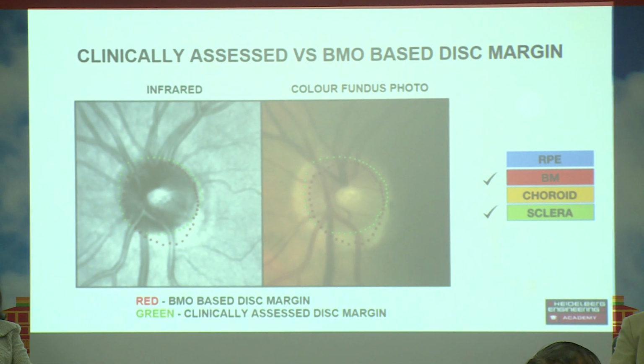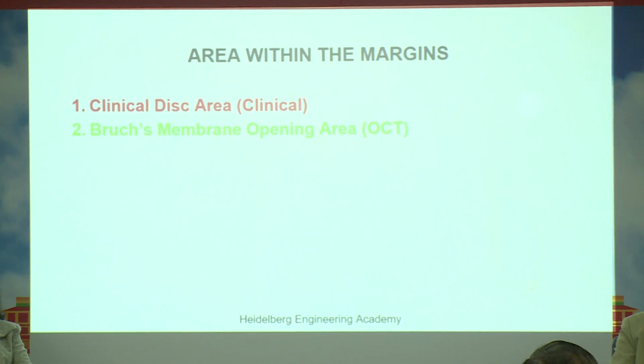One is the clinically assessed area, with the green dotted line depicting the sclera on the right hand side color fundus photograph, taking into account the scleral termination. The other is the red dotted area, taking into account the Bruch's membrane opening based disc margin, and that has a different area. So we have to come to some consensus regarding what the real disc area or disc margin is, because we have two areas for debate.